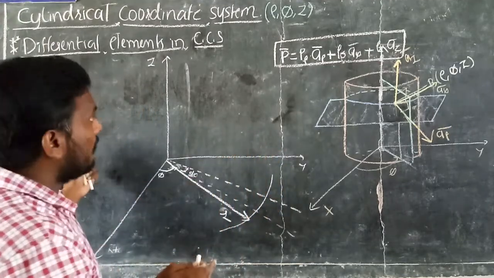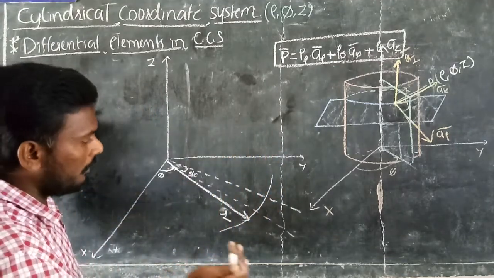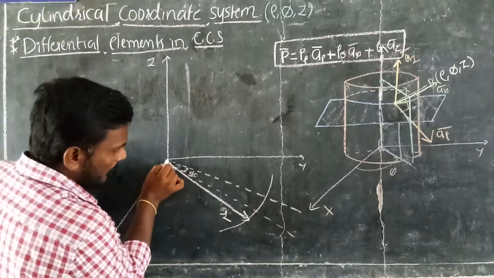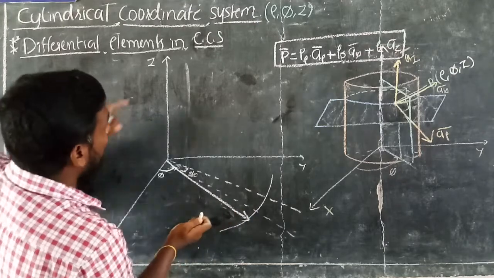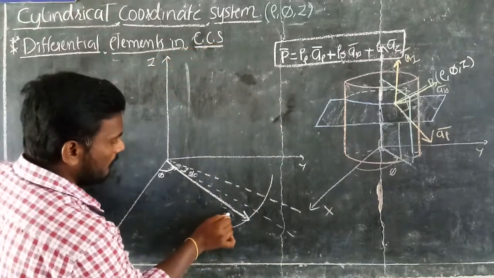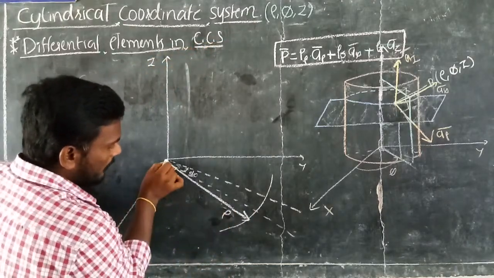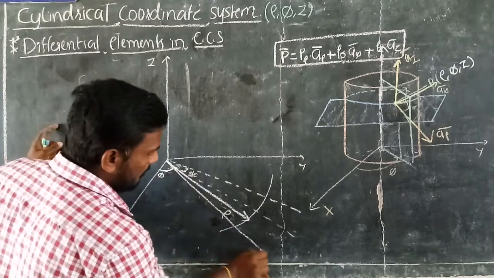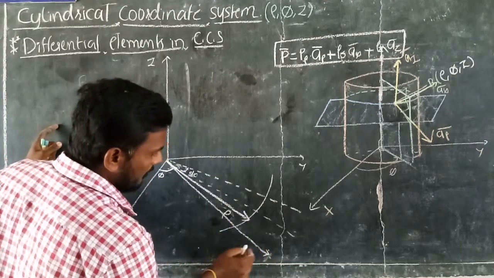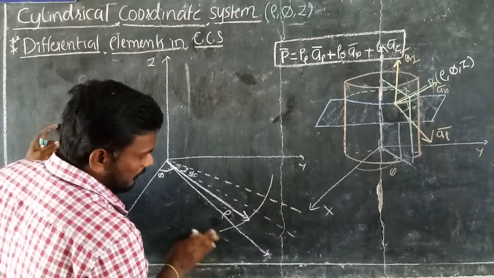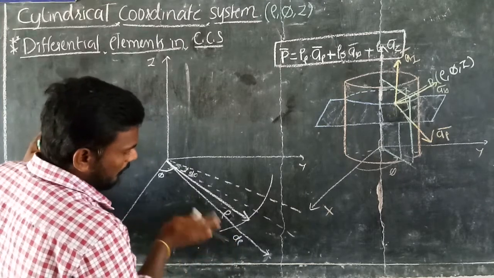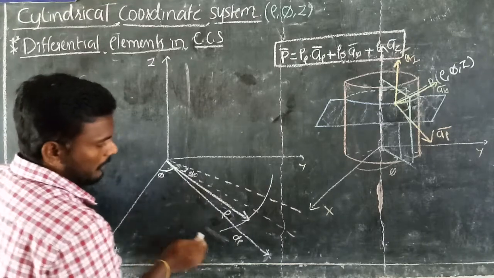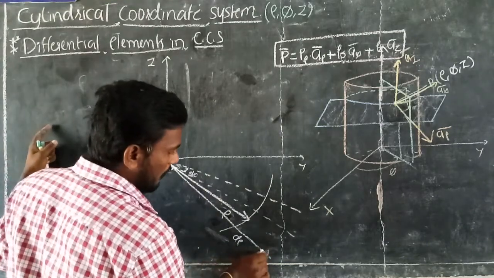In the differential method, what are we doing? We are increasing the radius, rho. Why? Because we have taken rho in the cylindrical coordinates, so that's why it should be rho. Similarly, increase the radius of the cylinder by a small differential amount, which is d rho. So if you add rho plus d rho, it becomes the new radius, and draw an arc here.